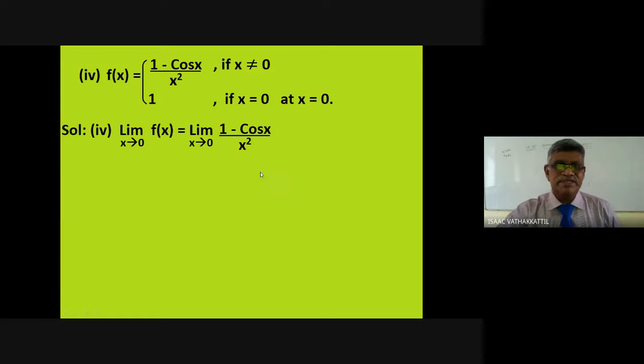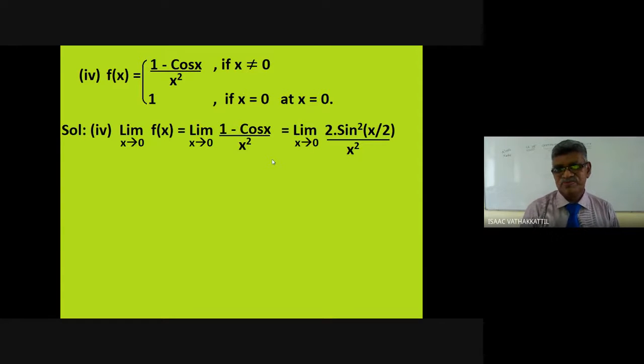How do you get this limit? There are two ways. One of the ways, we apply the formula 1 minus cos x is 2 sine squared x by 2, to recollect from trigonometry. Trigonometry is used in many places. 1 minus cos x is 2 sin squared x by 2. Now, this 2 can be taken out of the limit.